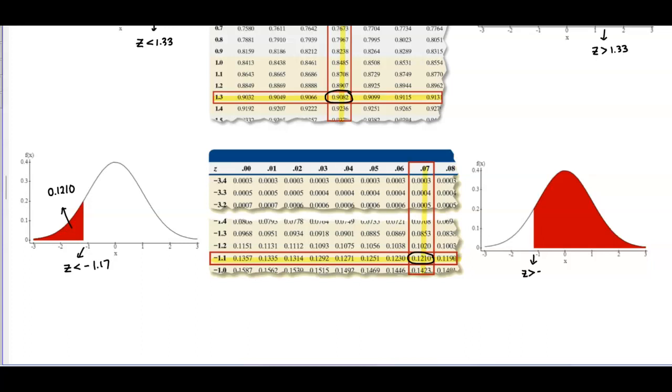Now over here we have the same z-score, but we're finding the shaded part where we want to say z is greater than negative 1.17. Well, again, in order to find the area that's greater than, we know the area under the curve is 1, and then we're going to subtract the area to the left, which is what we found here on the left-hand side, which is 0.1210. So let's go ahead and find that.